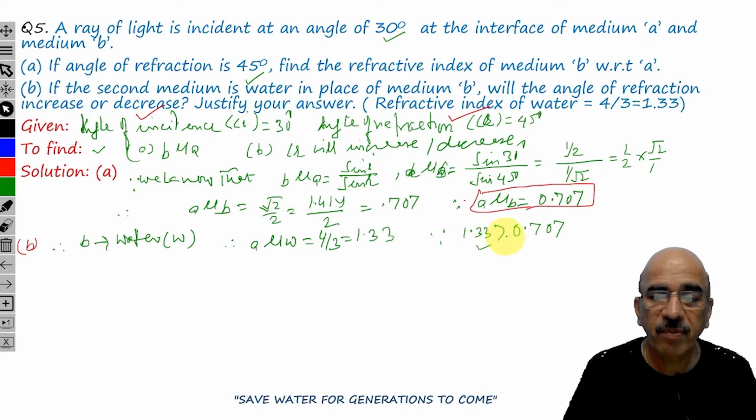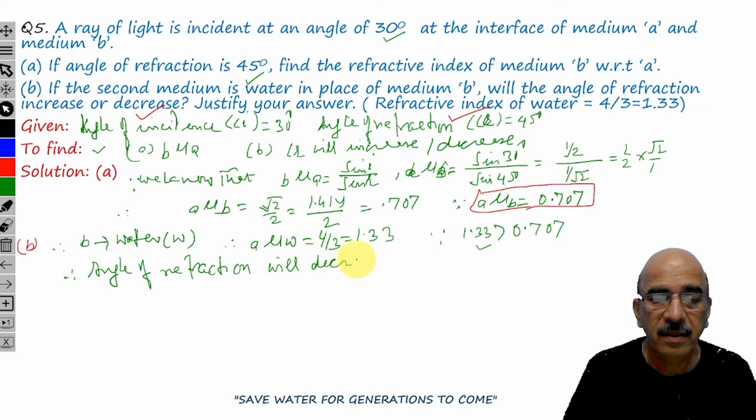So what do we get here? Now since 1.33 is greater than 0.707, therefore angle of refraction will decrease. Okay, angle of refraction will decrease.